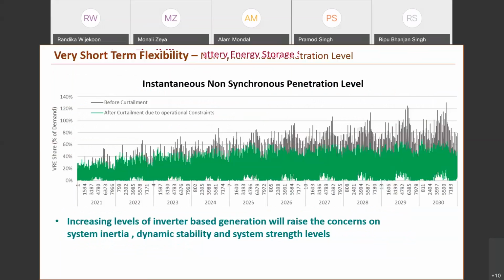That is another area that we are improving in terms of unlocking this flexibility.